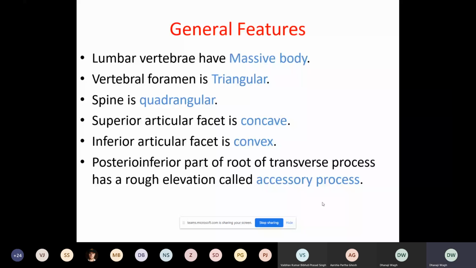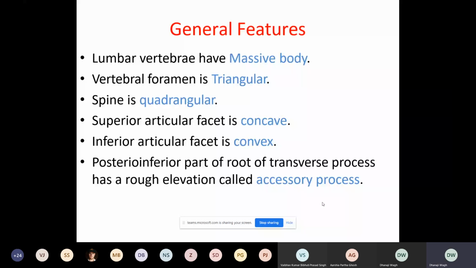Superior articular facet is concave and the inferior articular facet is convex. The posterior inferior part of the root of the transverse process is rough, and there is an elevation seen, that is the accessory process.